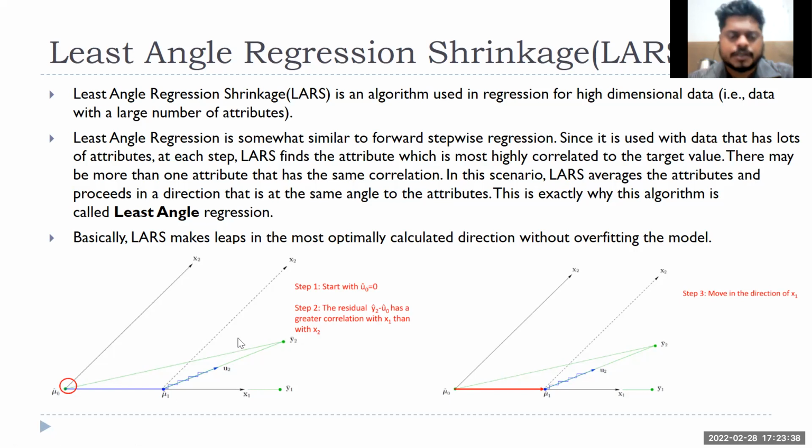Same thing here. If y1 is your prediction of customer revenue, x1 is customer's income and x2 is customer's age. When I find that customer's revenue is highly correlated with customer's income, the line will be more inclined towards x1.